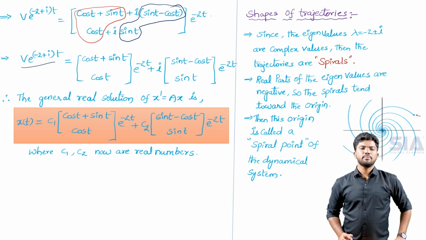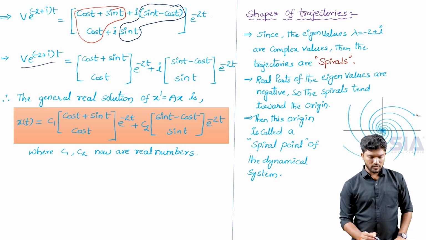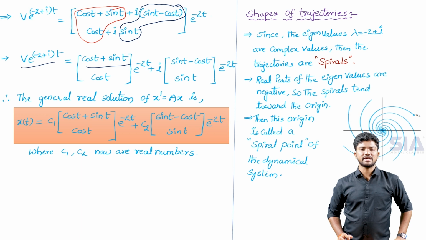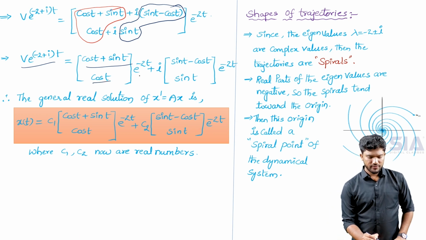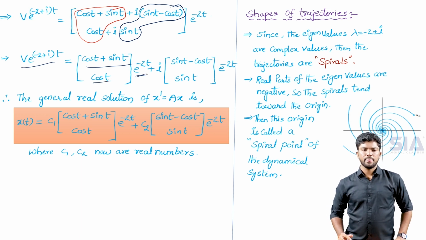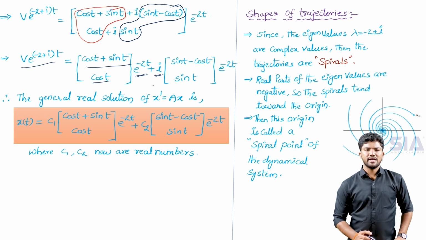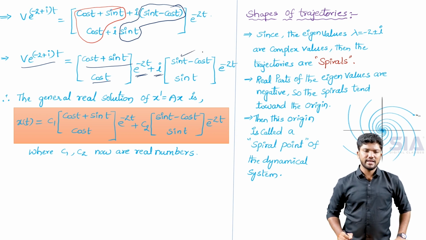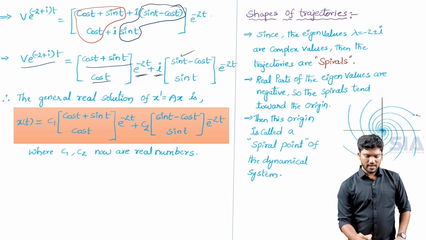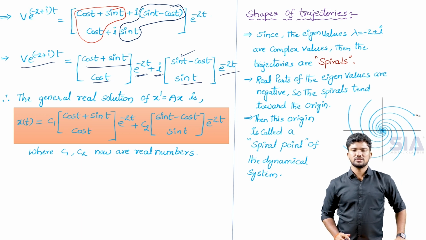V into e power minus 2 plus i into t is equal to the real part, cos t plus sin t and cos t, exponential power minus 2t, plus i into the imaginary part, remaining values minus sin t minus cos t and sin t, exponential power minus 2t.